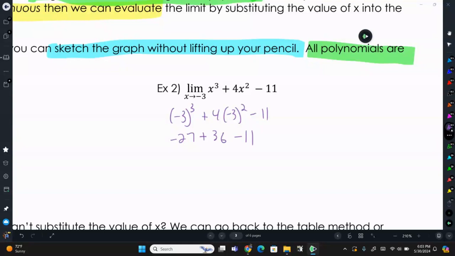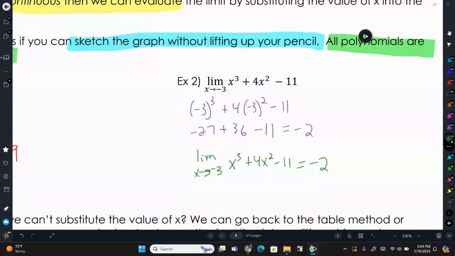So -27 plus 36 minus 11 is going to give us -2. So the limit as x approaches -3 of x to the third plus 4x squared minus 11 is equal to -2.